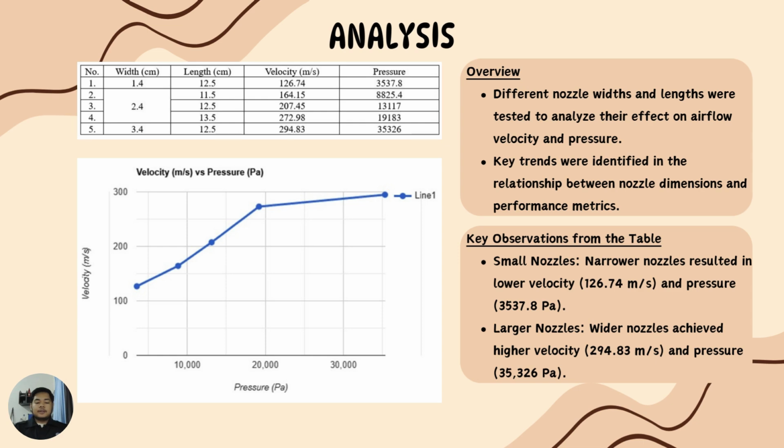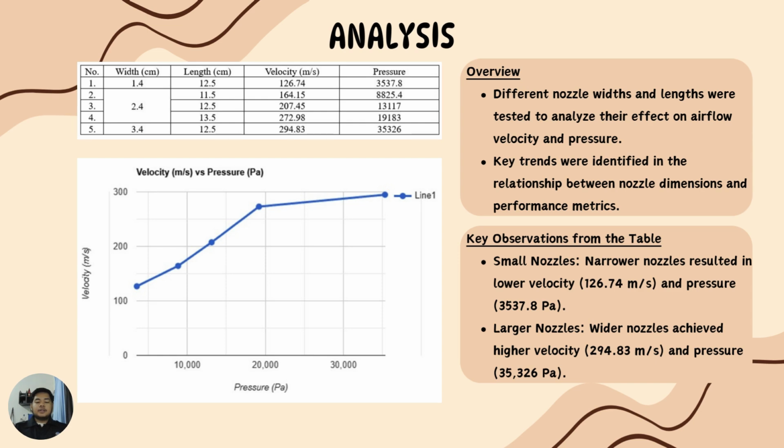Analysis. Now let's discuss the key findings from the analysis. Narrower nozzles produce lower velocity and pressure values. For instance, a narrow nozzle achieves a velocity of 126.7 meters per second and a pressure of 3,537.8 Pascal. Wider nozzles allow for greater airflow, achieving higher velocity and pressure.